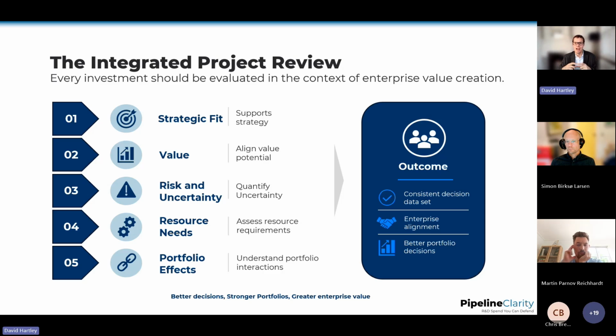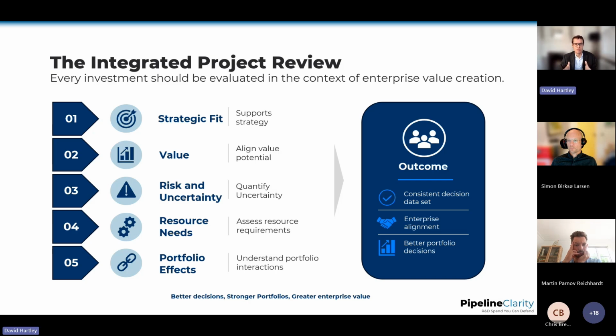So this is around understanding the dependency that this project has on other projects in the pipeline, and vice versa, the dependency that other projects have on this project as well. And really understanding those portfolio effects is critical to getting a coherent portfolio picture, which we'll come on and describe shortly.